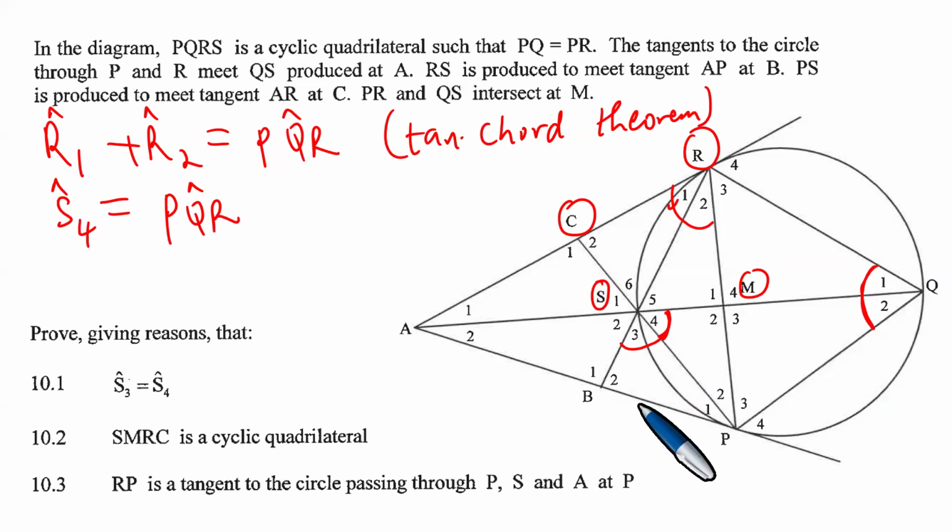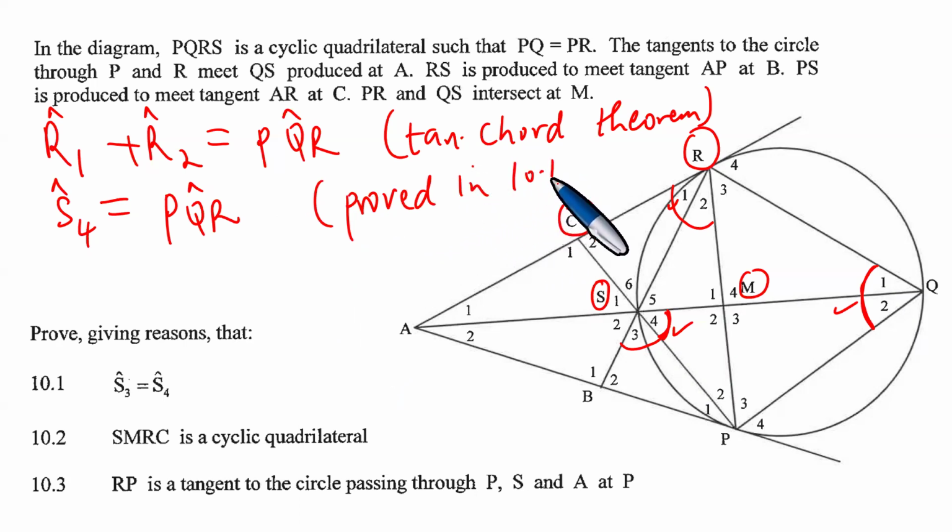So yeah, just note these things. Okay, so what do we do? We proceed to say that S4, this one here, is equal to PQR. What is the reason? The reason is that this was proved in 10.1 above. So just take note of that.